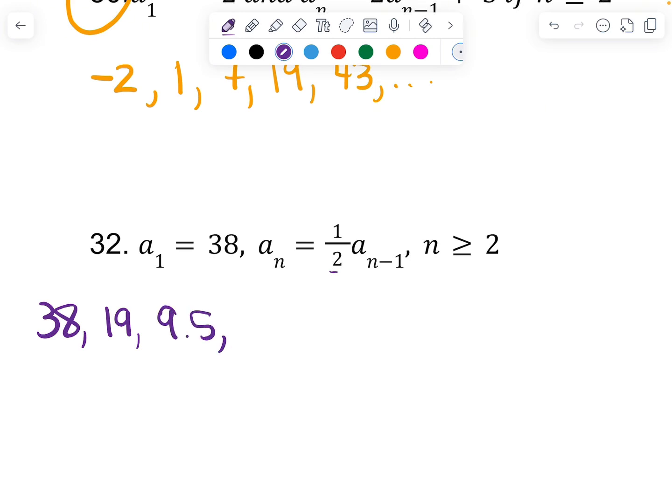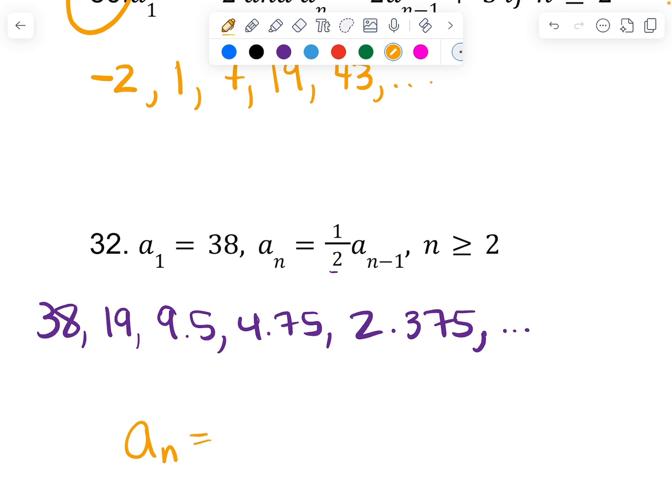Since I've messed up so many times, I'm actually going to use my calculator. 4.75, then 2.375. Okay, so then I need to write my recursive. So, nope, my explicit. So my explicit would be: start out with 38, multiply that by a half, and raise it to the n minus 1.